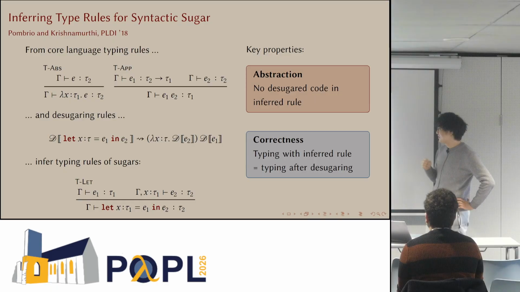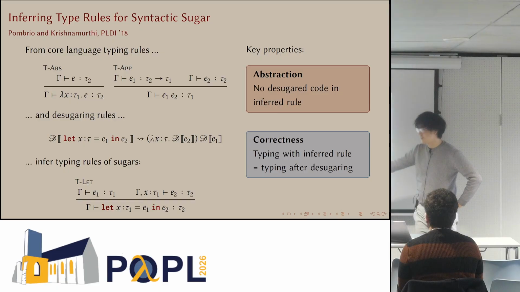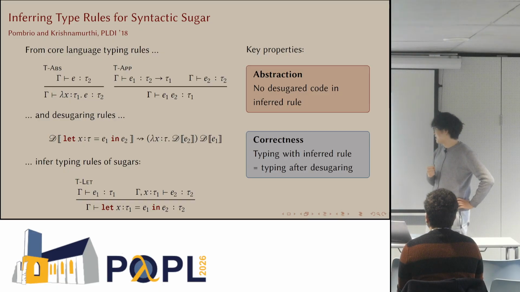It means that no desugared code appears in the inferred rule. So everything is what you have written. No lambda or application shows up in that rule. And correctness, which means typing with the inferred rule behaves just the same as typing after desugaring. So there is no point of errors.